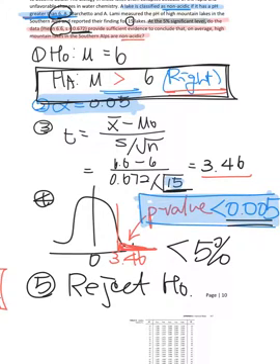When we take the probability from the z-table, we didn't need the degree of freedom. The degree of freedom is only for the t-table, the t distribution, because we use S. S had the degree of freedom, n minus 1. The standard deviation was from the variance, and in the numerator of the variance there was n minus 1.